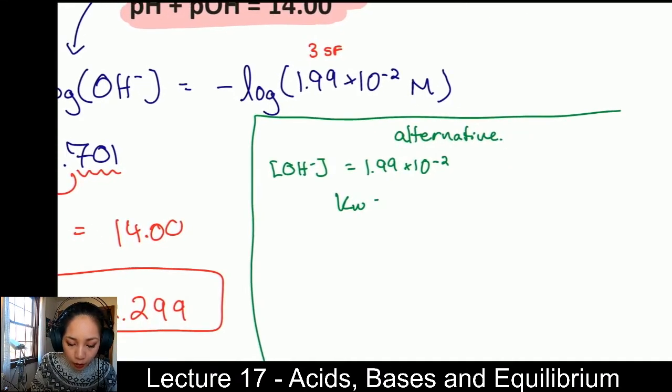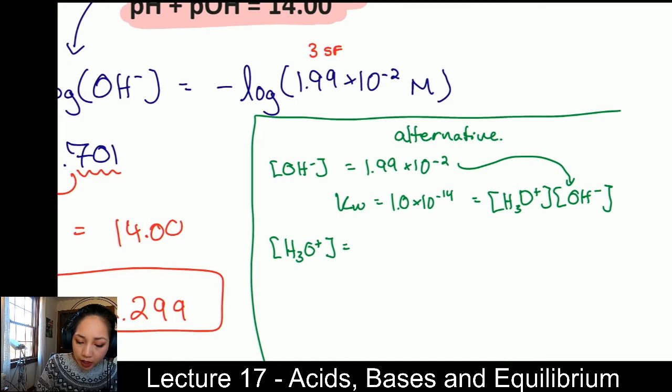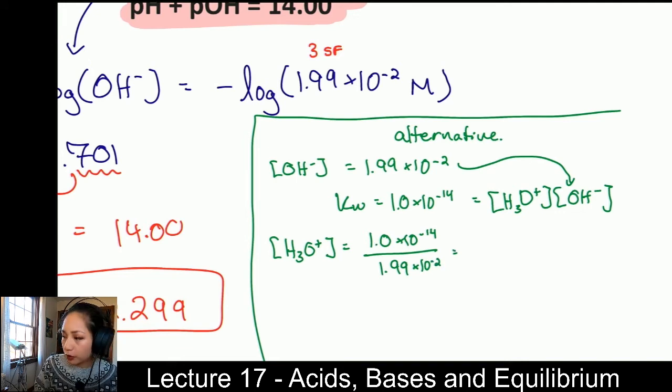So Kw, which we know is 1.0 times 10 to the negative 14, equals H plus concentration, H3O plus, times hydroxide concentration. Since we know that number, we can just calculate for H3O plus concentration directly. So H3O plus concentration, our acid concentration, is 1.0 times 10 to the negative 14 over 1.99 times 10 to the negative 2. All right, and that will give you an H plus concentration.